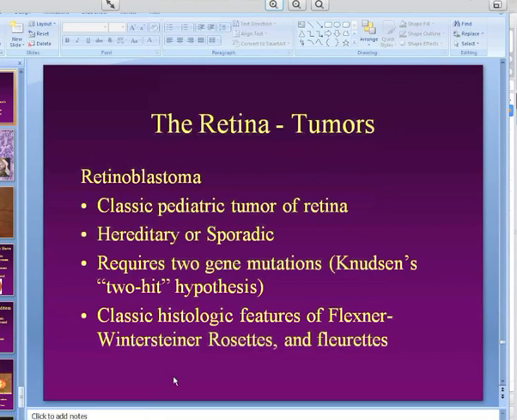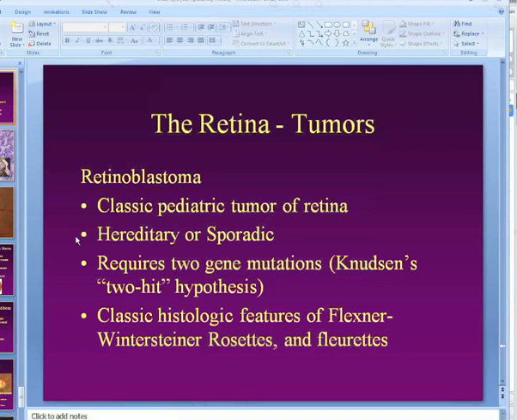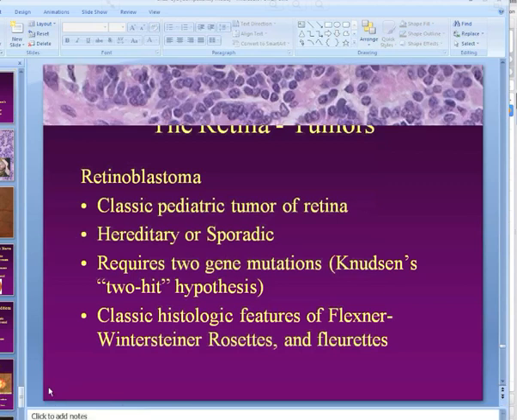When we are born without one of these genes, we only have one gene left to protect us, and any one of those 2 million cells, if they spontaneously mutate their last remaining tumor suppressor gene, it will become a retinoblastoma.